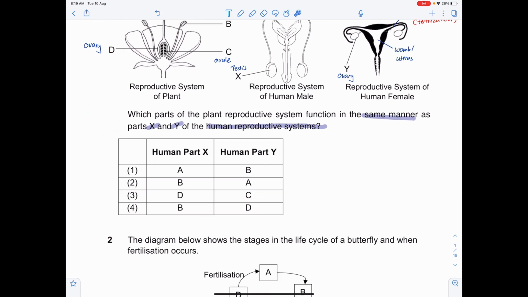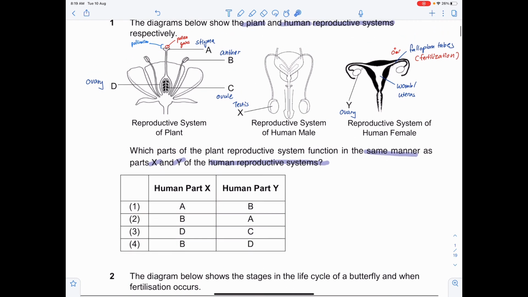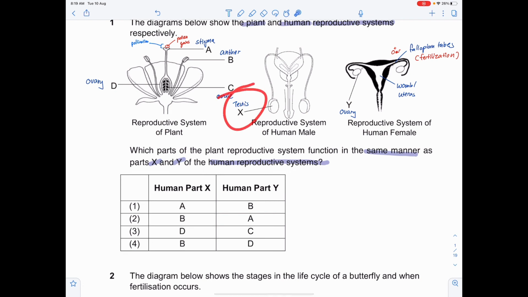So very straightforward. What is X? X is actually your testis. It's the part that actually holds your male sex cells for your humans. That is actually the same thing for part B of your plant reproductive system, whereby the anther contains your pollen grain, which contains your male sex cells.